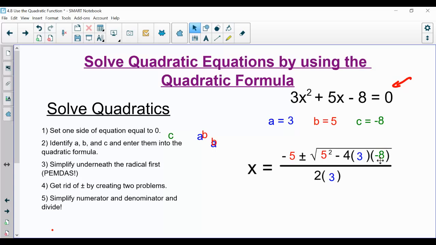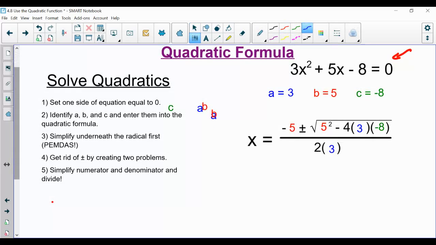Our next step is to solve underneath the square root. For those of you with graphing calculators, as you all should, don't type in the root, but type everything that's underneath the root into your calculator and write that number here. I don't have my calculator in front of me at the moment.